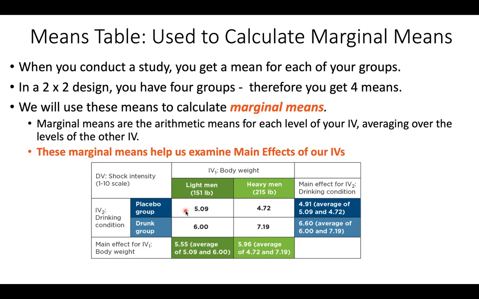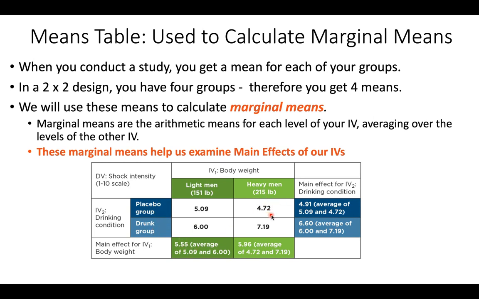We're literally averaging across independent variable number 2, which is drinking. So this 5.55 represents all light men regardless of drinking condition, because we've averaged the two levels of drinking condition together.